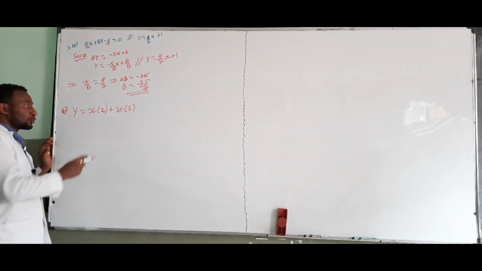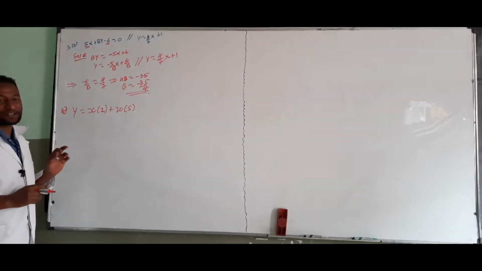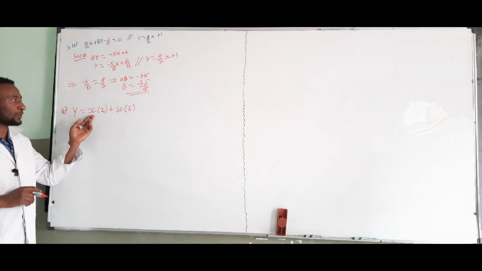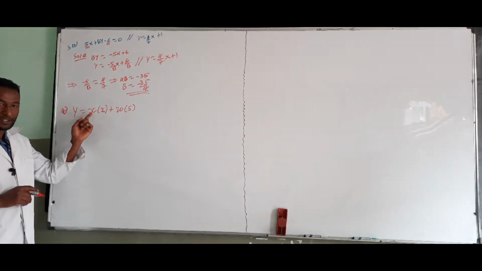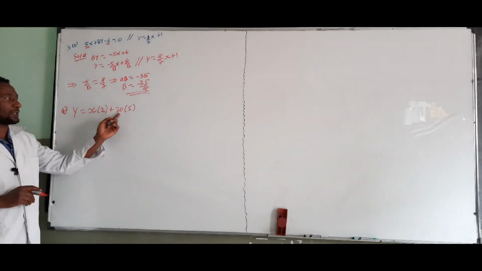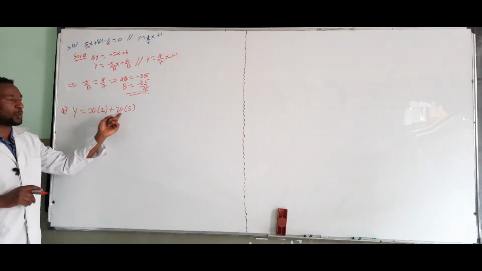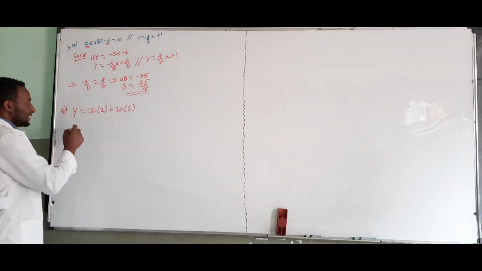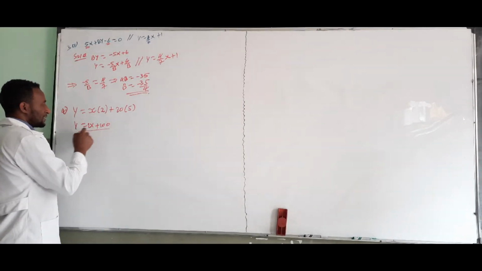So y is equal to x times 2, meaning for each kilometer x they charge 2 birr, plus 20 times 5 days; per day they charge 20 birr, therefore 20 times 5 is 100. Then y is equal to 2x plus 100 birr.